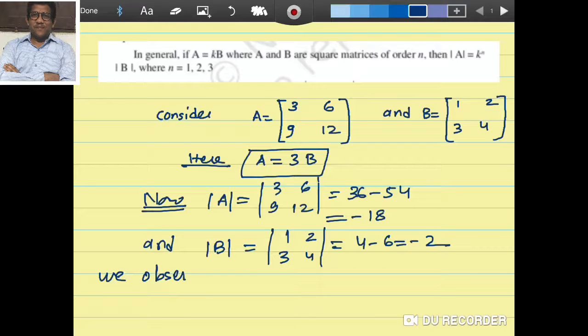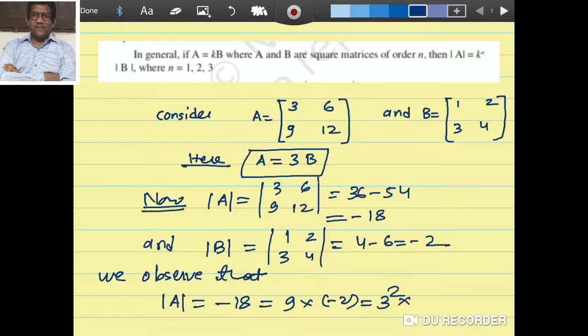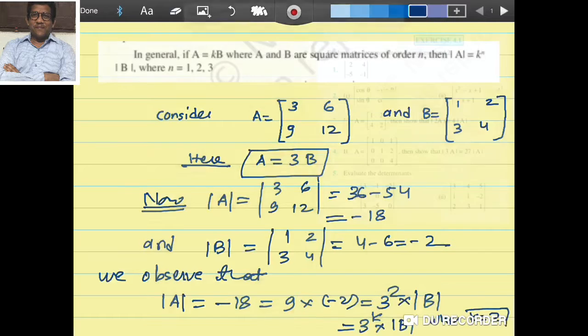We observe that determinant A is equal to minus 18, which is equal to 9 into minus 2, which is equal to 3 square into determinant B, which is 3 to the power k into determinant B, where k is equal to 2.